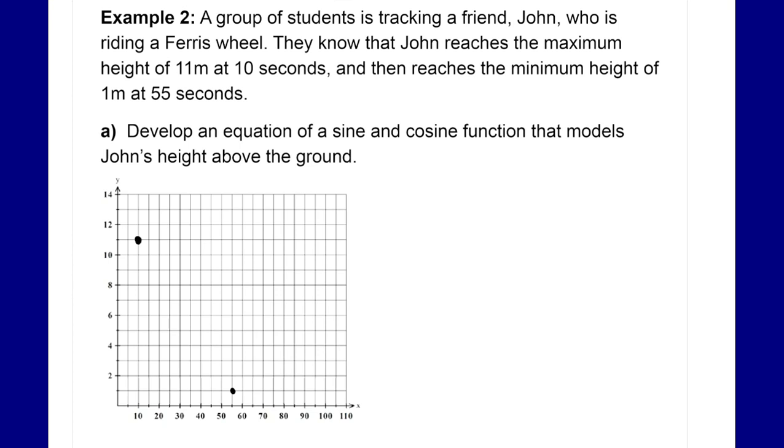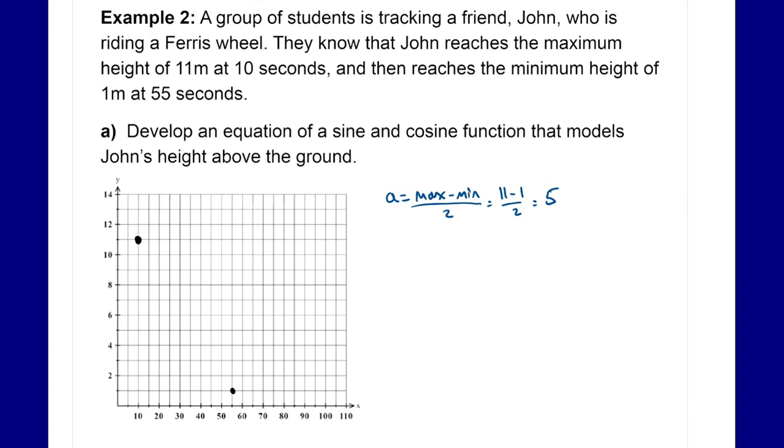If I want to come up with my equation, I need my amplitude, my A value. A is my max minus the min divided by 2. I have my max and my min because I'm told that from the scenario. So 11 minus 1 divided by 2 is 10 divided by 2, or 5.